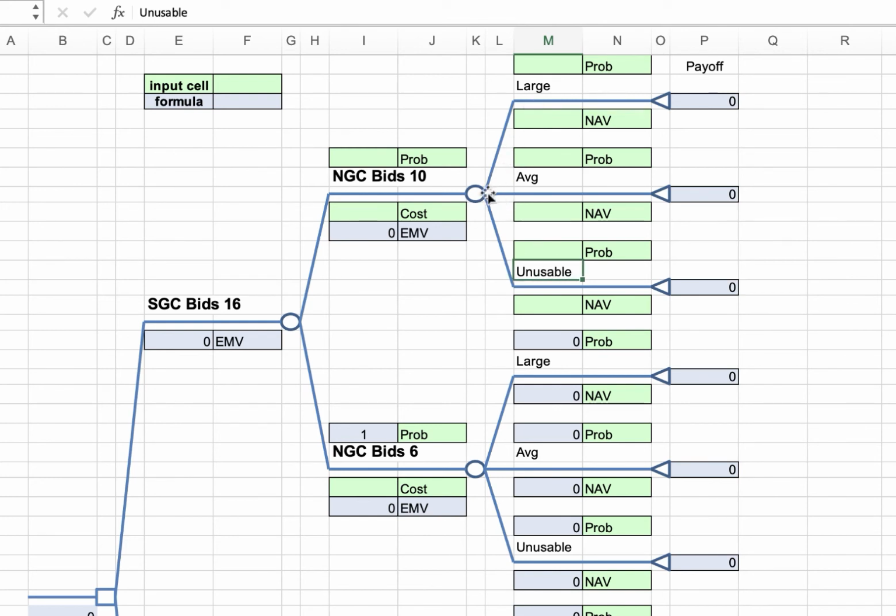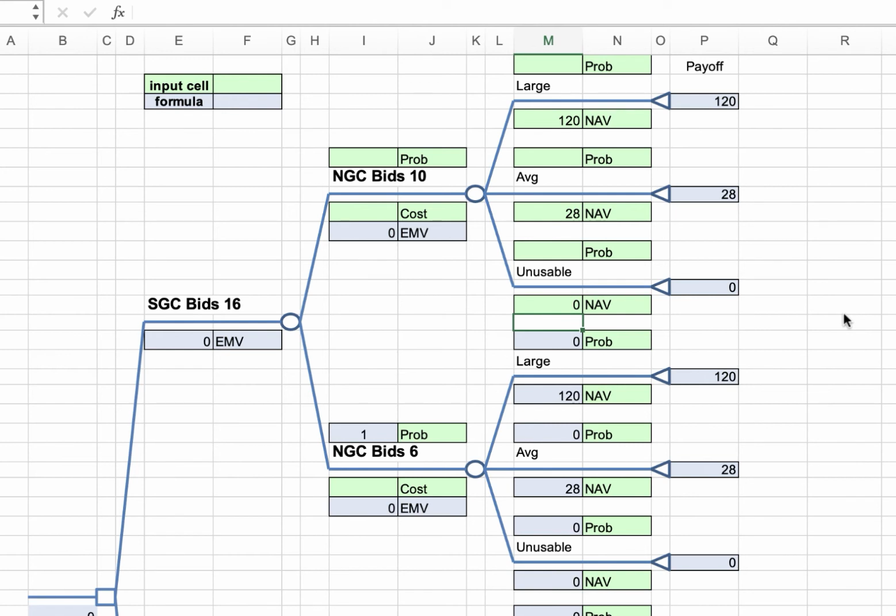We see those three branches or three states of nature for this chance event. If it's large, the expected net asset value is 120 million. If it's average, only 28 million. And of course, if it's unusable, the NAV would be 0.